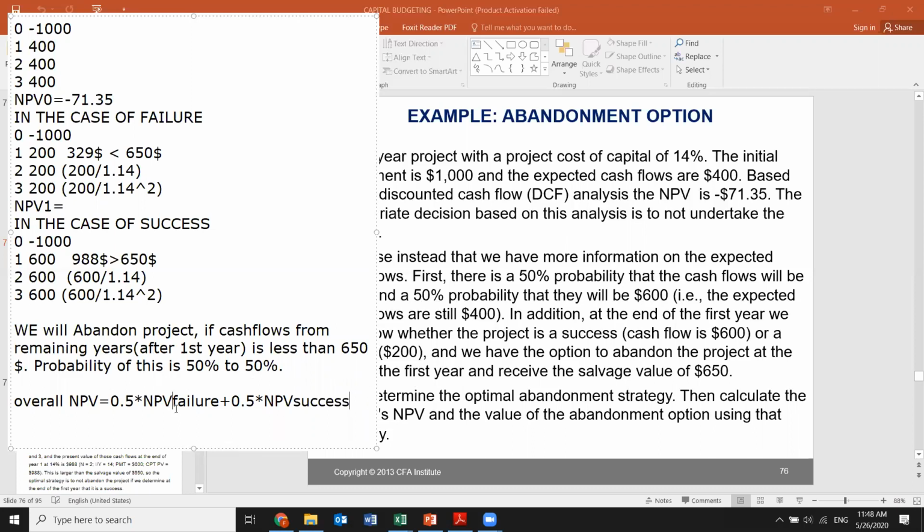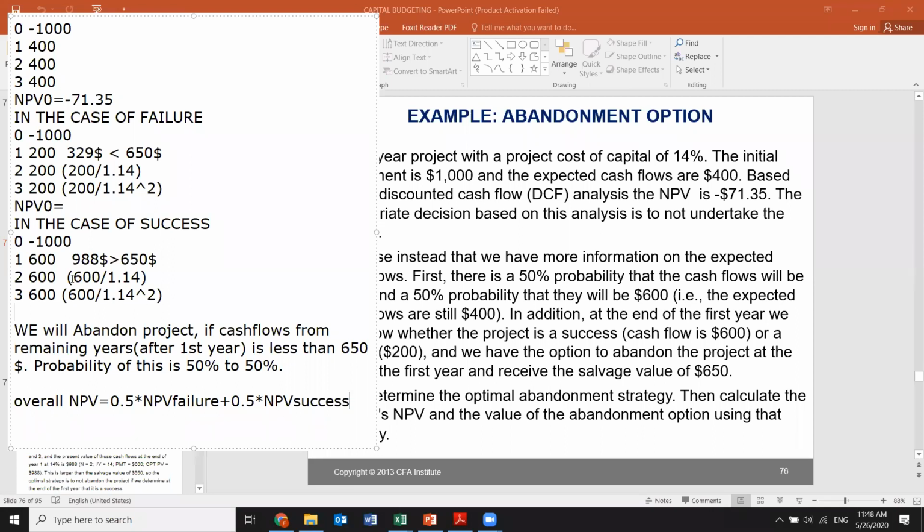So we need to calculate NPV of year zeros for both projects. So in here, when we calculate for year zeros.